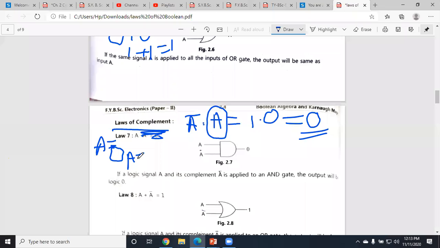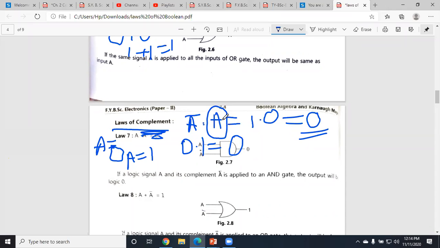We are considering a second example where A is given as 1. Now, what is the complement of 1 here? 0. Complement of 1, that is A bar is equal to 0, dot A. What is A? 1. 0 into 1, again 0. So if you are multiplying any variable with its own complement, the answer is going to remain 0.